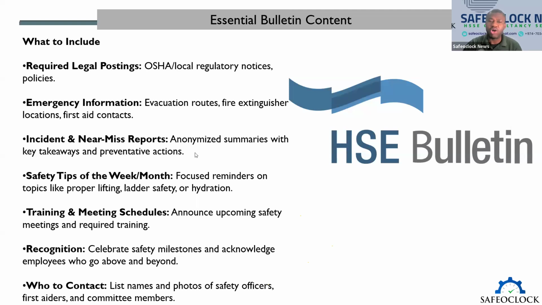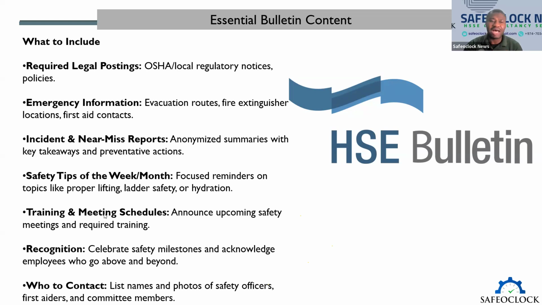Then incident reports: a summarized form of the incident report can also be communicated through the safety bulletin. Some safety tips, so for example, weekly or monthly tips, where you focus on a particular tip for the week, a particular tip for the month, and publish it in your safety bulletin.